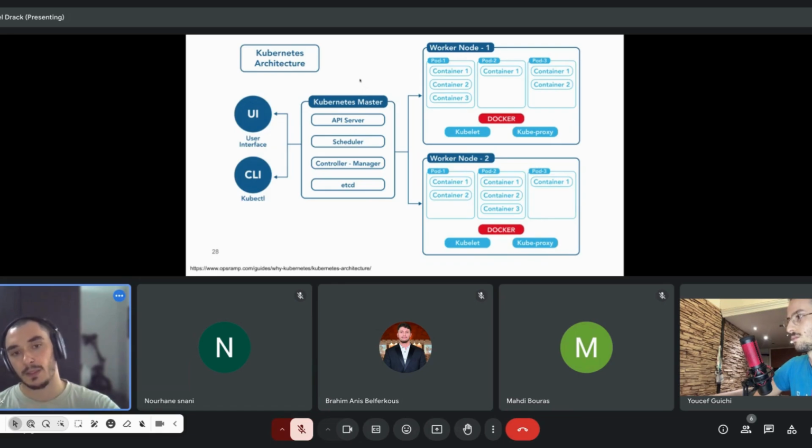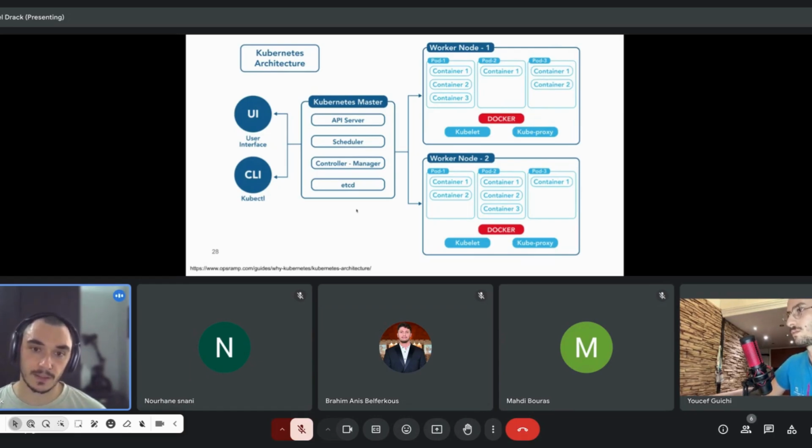API server is part of the control plane or of the master node. And each cluster consists of a master or control plane node, one or many, and of several worker nodes. These nodes are responsible for the management of the cluster, and the worker nodes are responsible for actually running containers. That's what we see here.